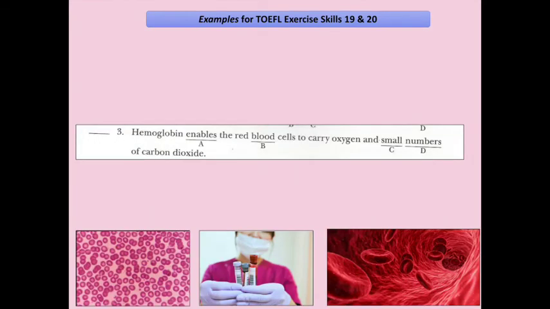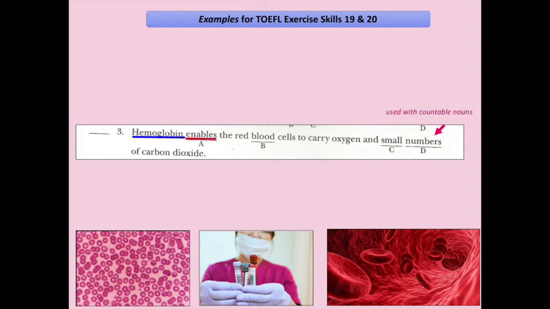Number 3. Hemoglobin enables the red blood cells to carry oxygen and small numbers of carbon dioxide. The sentence starts with a subject, hemoglobin, and then a verb, enables.